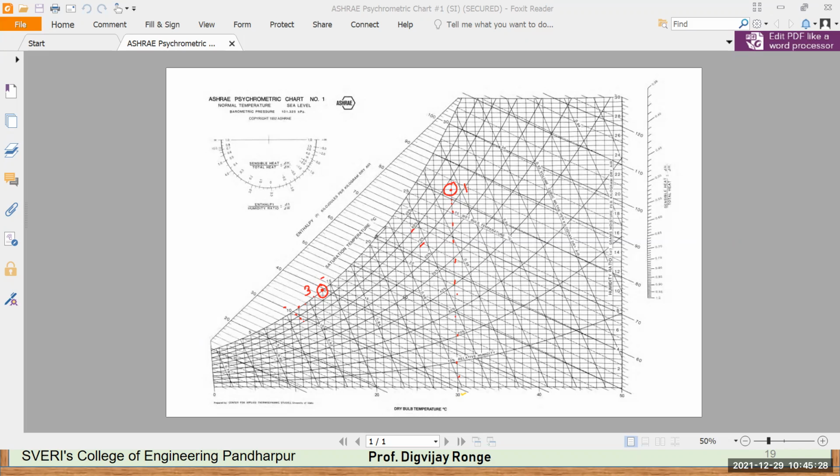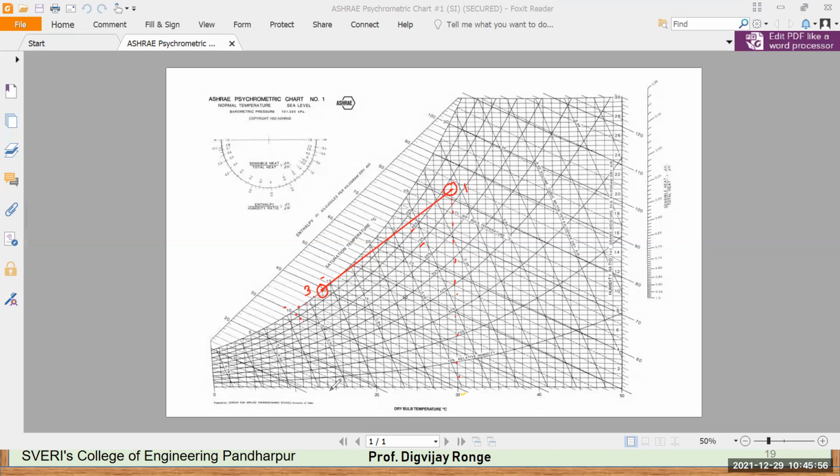Now I have to join these two points, right? Let me check. Yes, there is a line option. So this is my line. Somewhere here point 2 will lie. Now how to know point 2? We have calculated TD2, here it is 15.6, right?